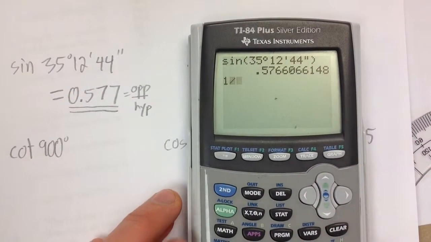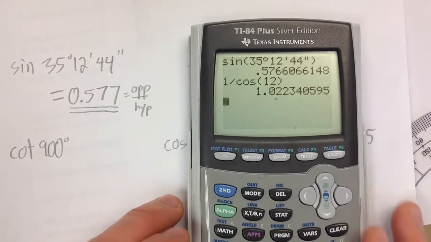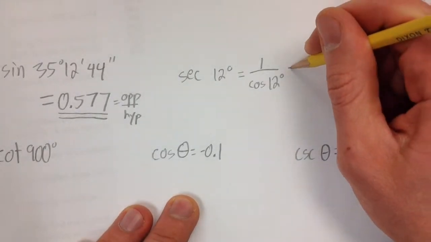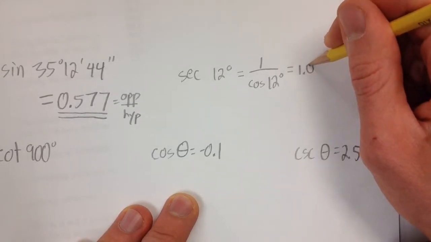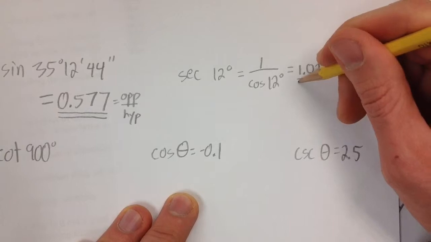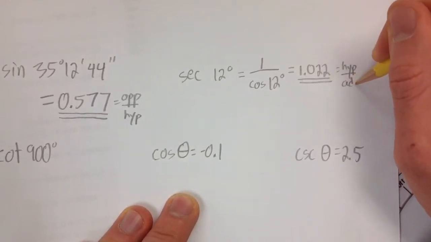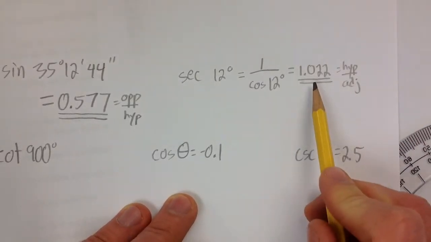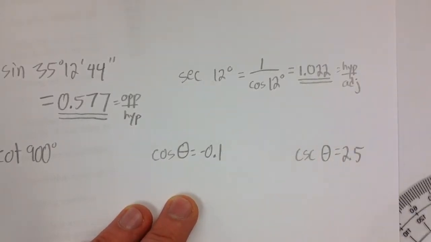Okay, so 1 divided by the cosine of 12 degrees is the same thing as the secant of 12 degrees. So the ratio of hypotenuse to adjacent in a right triangle with a 12-degree angle in it is 1.022 about. Try to keep the meaning of the numbers in mind at all times. Any questions on the second one?